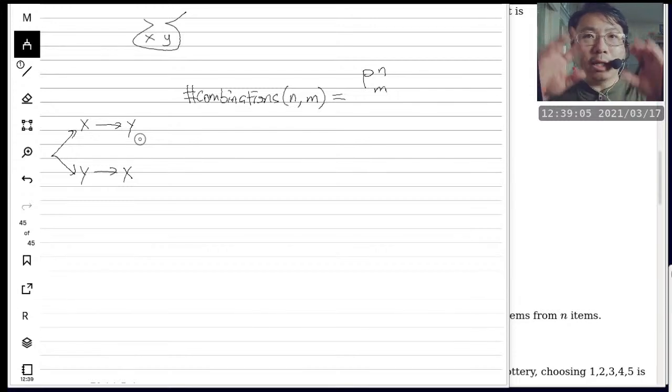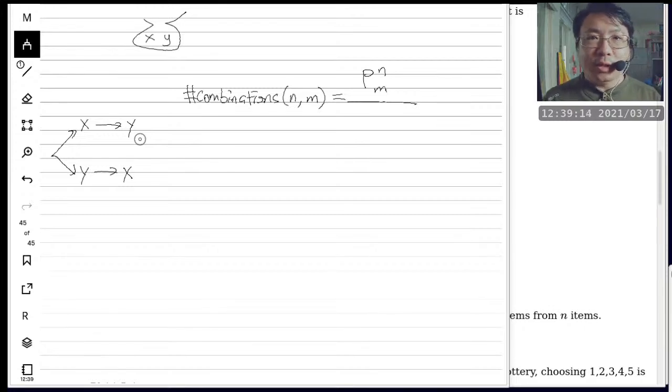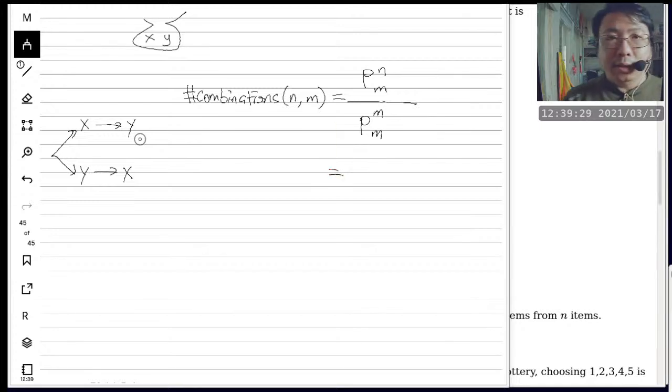In other words, how many companions of permutations should be considered the same? Well, each permutation has M items, so there are M factorial ways to arrange those things. And that is coming straight from the number of permutations of M and M. So now, when you look at these numbers, we have N factorial divided by N minus M factorial. That is just P(N, M).